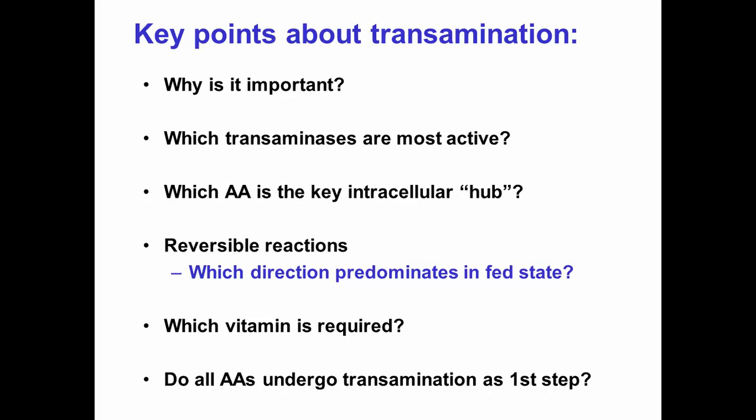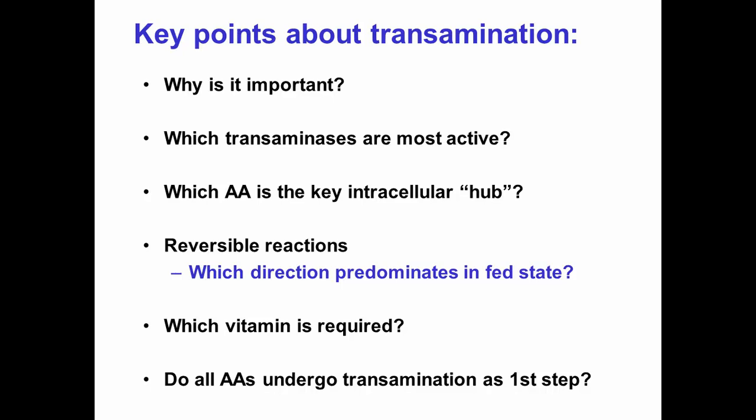What do you think? So after a meal, you're going to have high concentrations, right? And so what does that mean for transaminase activity? It's going to be high, right? So if you have a high concentration of amino acids coming through the portal vein, those transaminases are going to be active, right? Because they've got a low affinity but high Km.